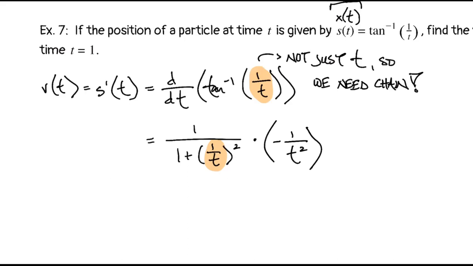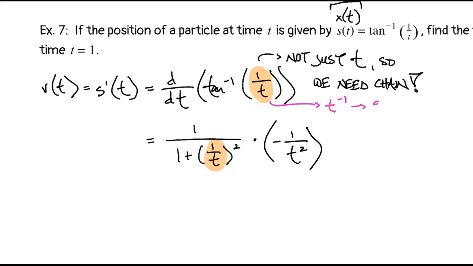Because I might look at that and think the derivative is just 1. Okay. And so this would be another example of, I would expect to see that we know this 1 over t is the same as t to the minus 1.